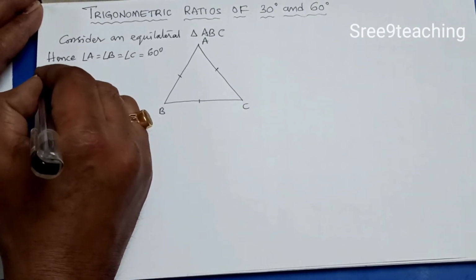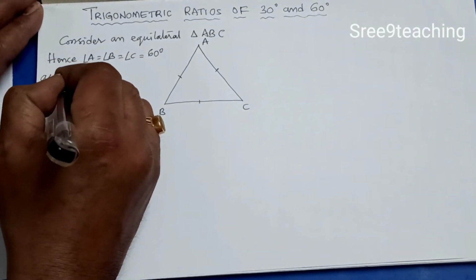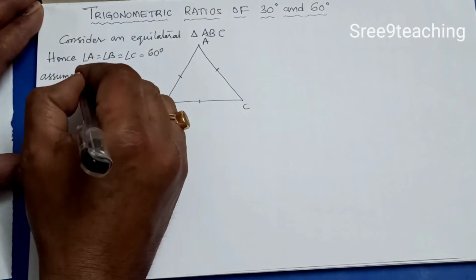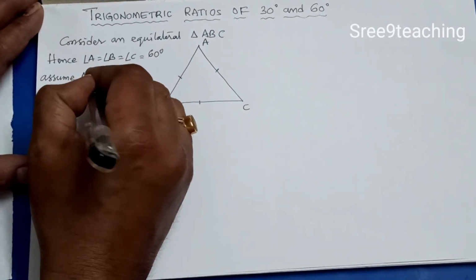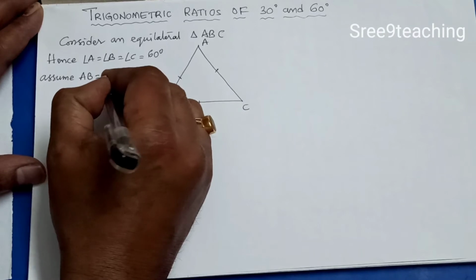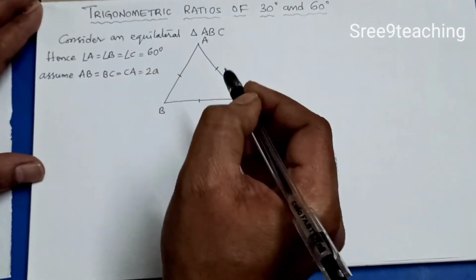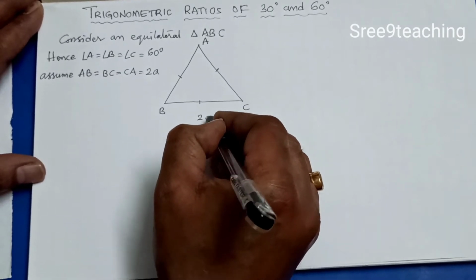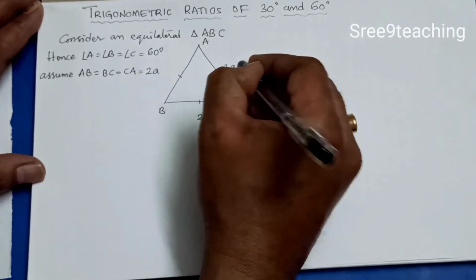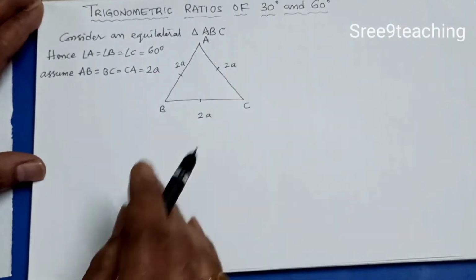Now assume the length of the side AB is equal to BC is equal to CA is equal to 2A units. So this side is 2A, this side is 2A, and this side is 2A units.